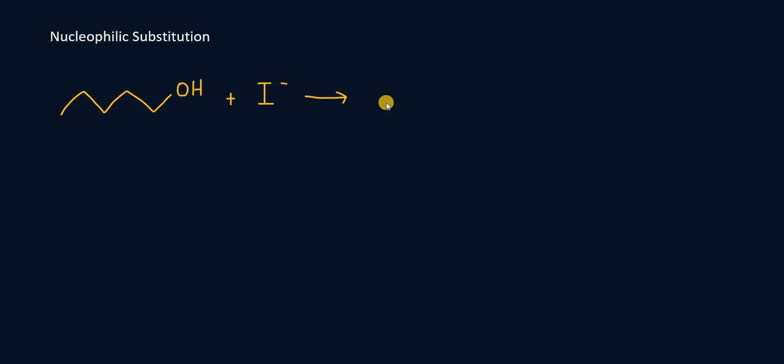We simply want to predict the nucleophilic substitution reaction in this case. So simple enough to predict the products, you just swap out the nucleophile and the leaving group. So I would become the new bonded group, and OH- would be kicked off. So the leaving group would leave and the nucleophile would take its place.